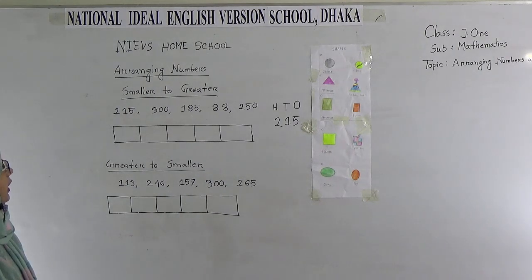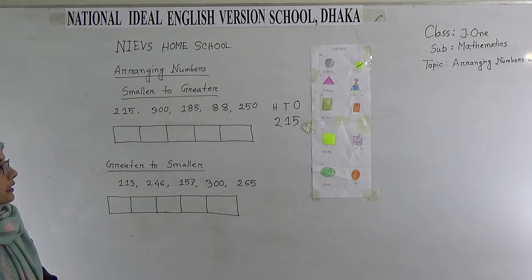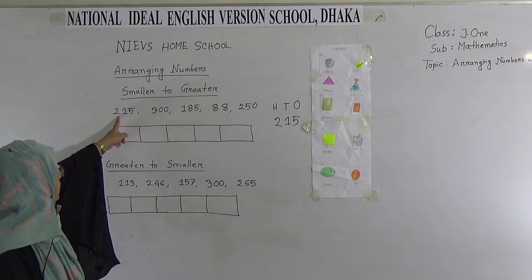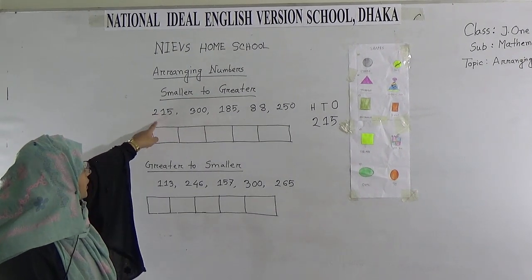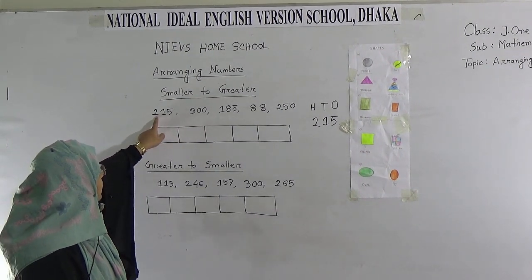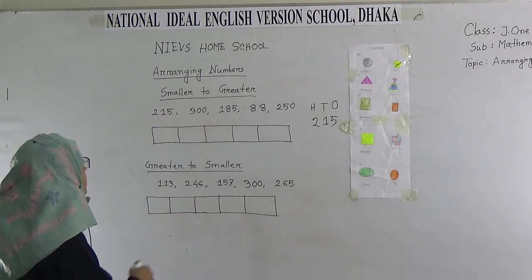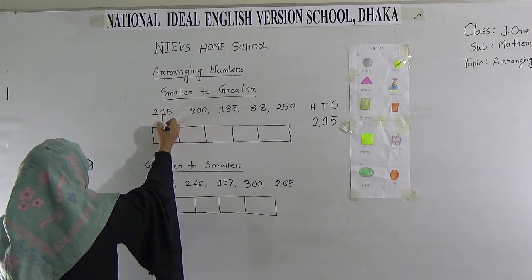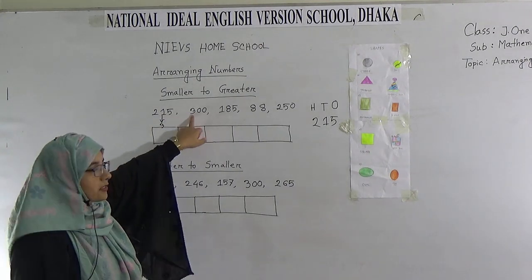Now for arranging the numbers from smaller to greater, we have to count the digits of each number. The first number is 215. How many digits are here? 1, 2 and 3. So the digits are 3. The next number is 300.